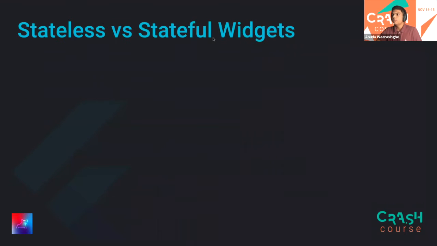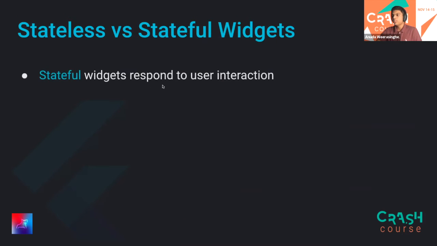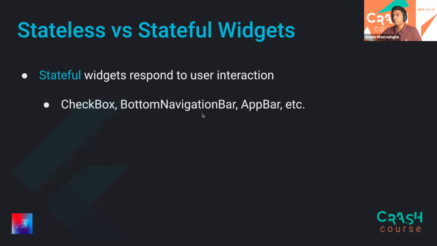The next thing we need to know about is the concept of stateless versus stateful widgets. Stateful widgets are widgets that respond to user interaction. These are things like checkboxes, navigation bars, app bars, buttons, anything that needs to change its appearance when someone interacts with it.